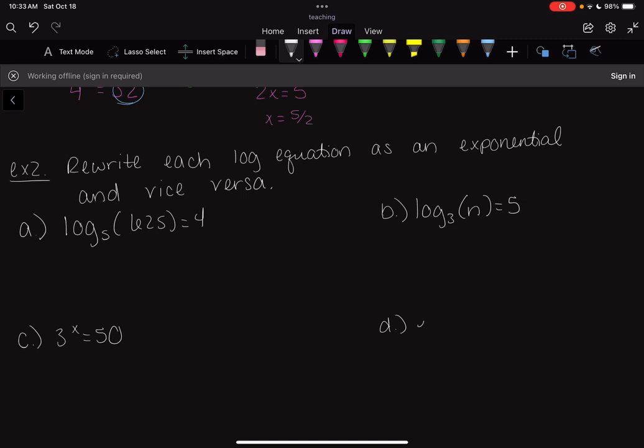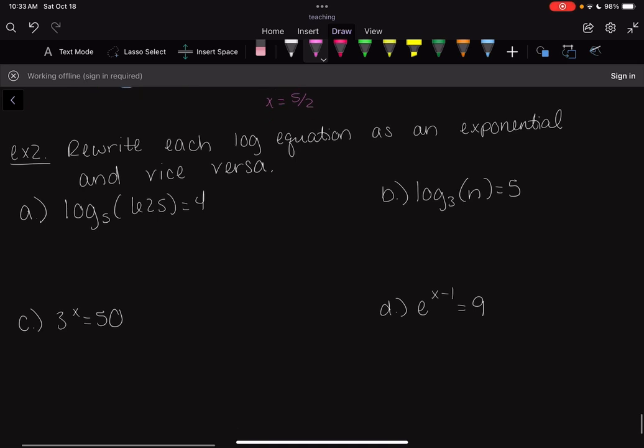D, we'll do e to the x minus 1 equals 9. So right now, all we're doing is writing the logarithmic functions as exponentials, and we'll write the exponentials as logs. So you can take a second and practice this yourself.